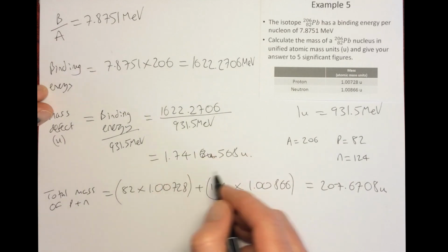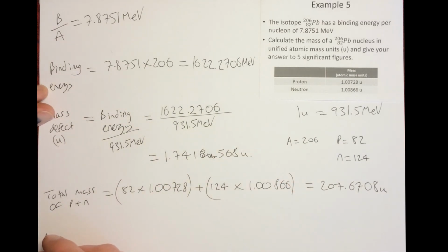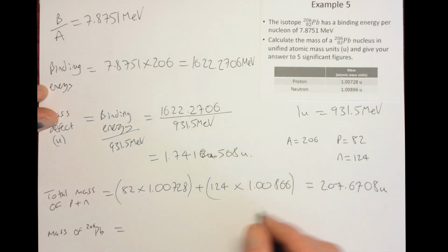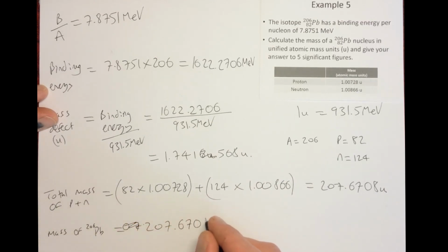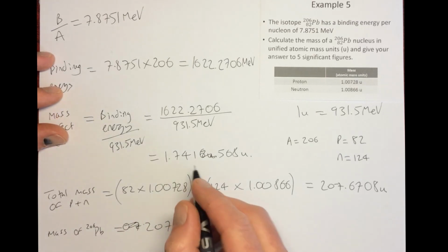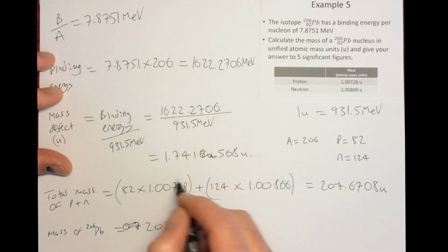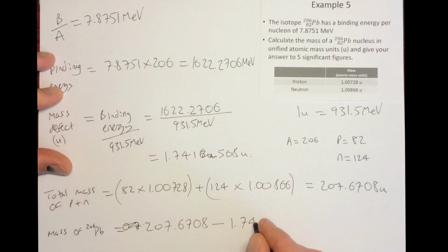This is the mass defect. So therefore, the mass of the lead 206 nucleus is going to be equal to 207.6708 minus the mass defect, which is 1.741568.